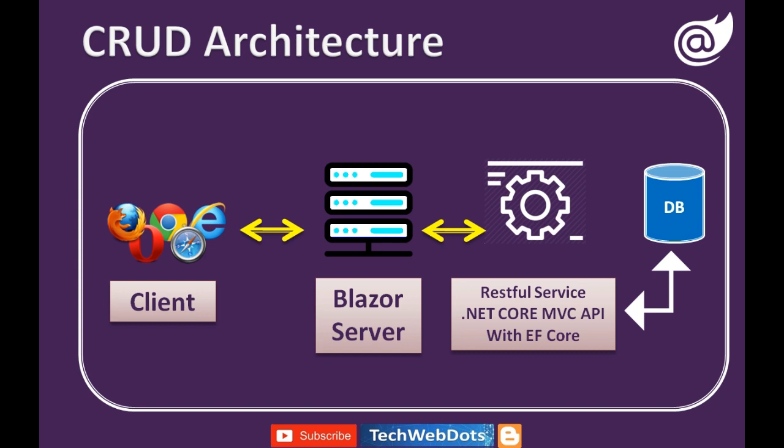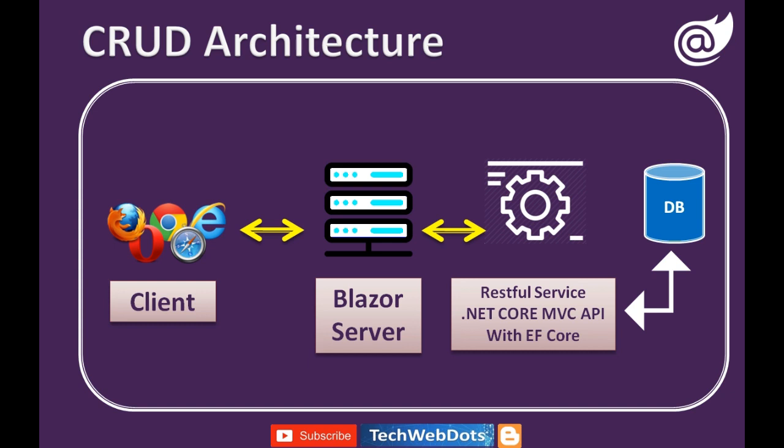If you are very sure there will be no need in future to change the project type from WebAssembly to web server or vice versa, you can skip the API. But there are lots of benefits of using a .NET Core MVC Web API between server and database.